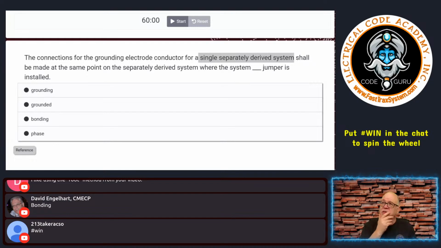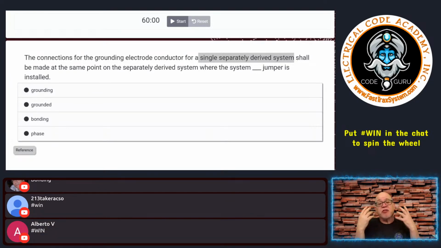But isn't there something in the NEC, in grounding and bonding, in Article 250, that deals with a separately derived system, like a transformer, when I have one transformer, and I have to establish a grounding electrode system for it? I have to connect it to the grounding electrode system. I'm going to have a grounding electrode conductor for this separately derived system.